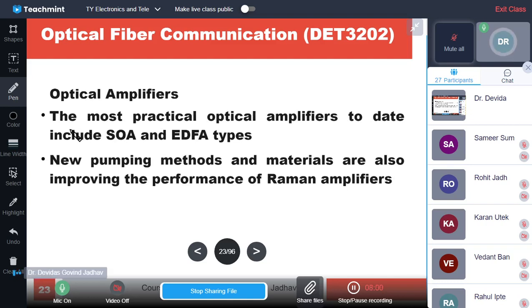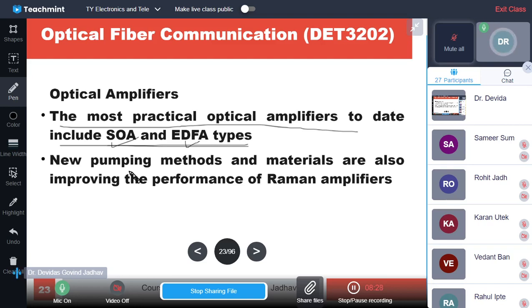So the most practical optical amplifiers to date are the SOA and EDFA types. As far as networks are considered, for wideband amplification, SOA and EDFA, erbium doped fiber amplifiers. One is the semiconductor amplifier, the second is the fiber amplifier.